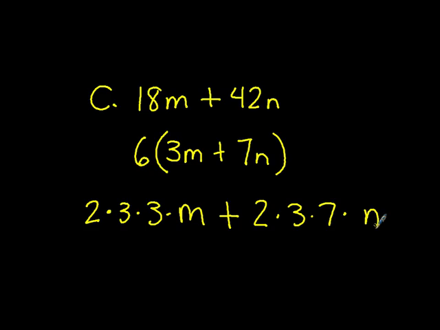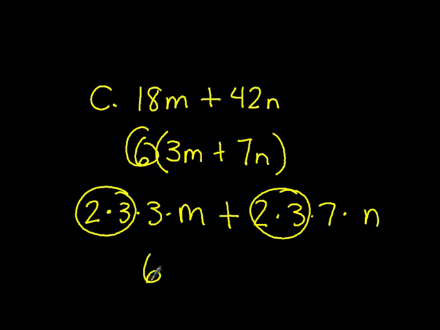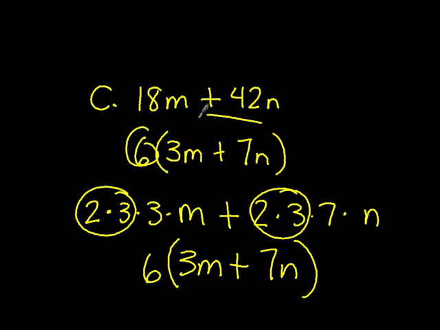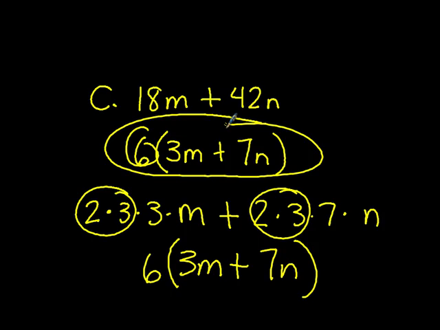So again, when looking for what they have in common, the GCF, we see 2 and 3 here, 2 and 3 here. That's where we get that 6, and what was left behind, the 3m plus the 7n. So either way, some of you can probably start factoring it out this way. And if you have to break it down into expanded form first, that works as well.